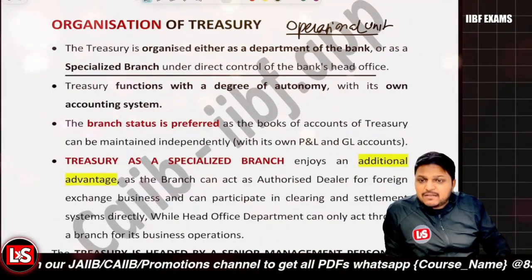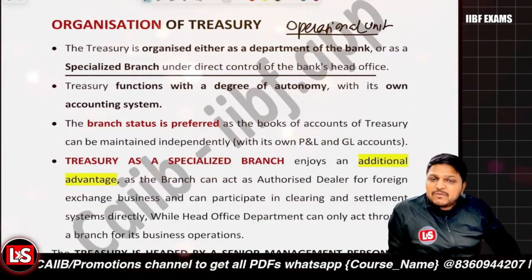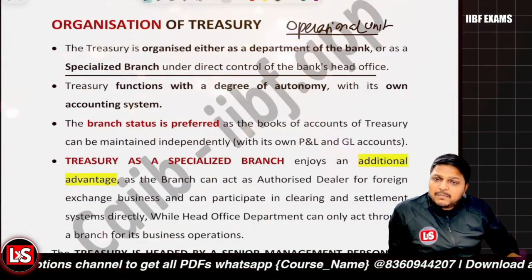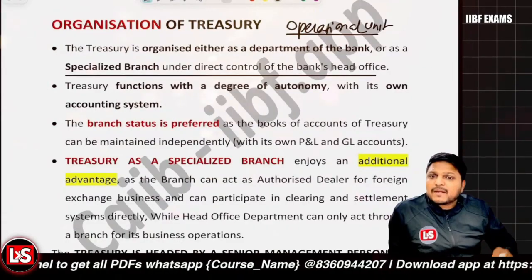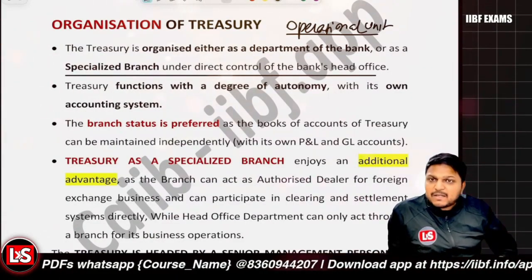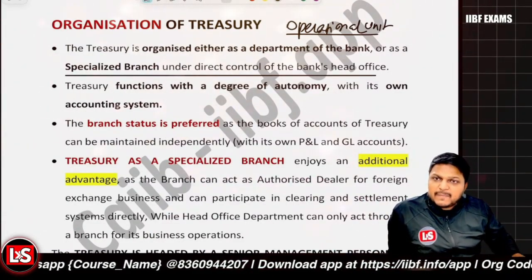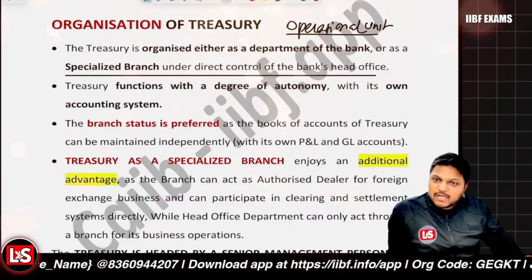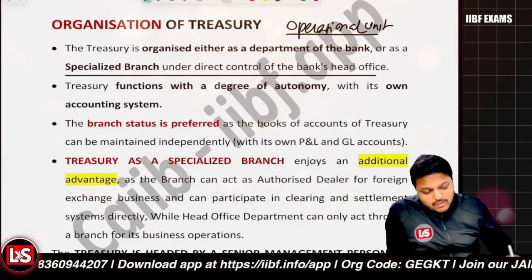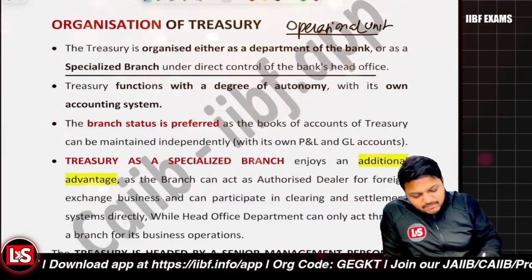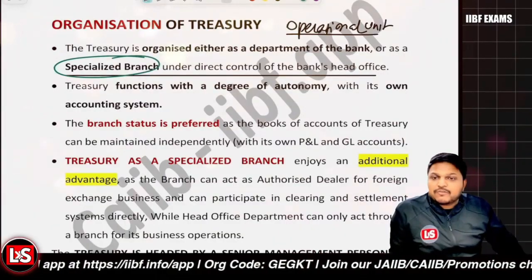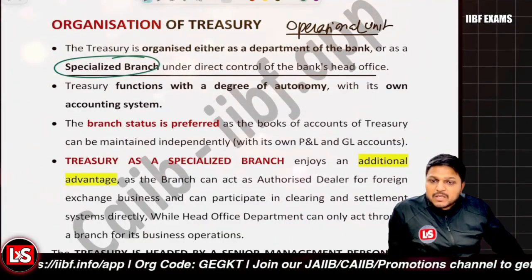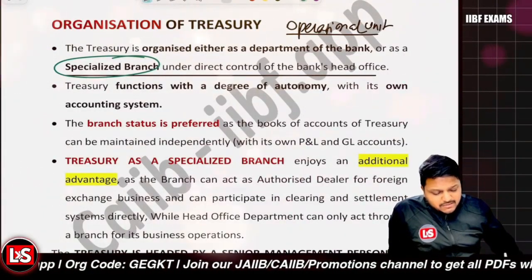It could be working as a particular department of the bank, like any other department, like the credit department or HRD department. It could be a department working within the bank, or it could also be a specialized branch under the head office, right?